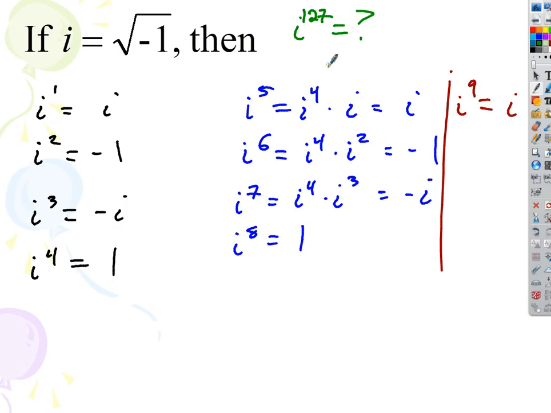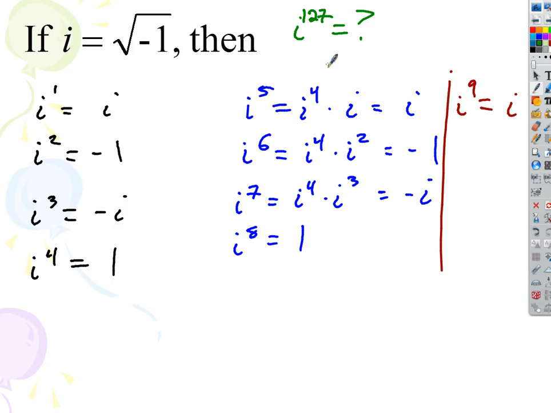So that leaves how many left over? 3, because 127 minus 124 is 3. So I'm going to go down to the bottom of a cycle with i to the 124, and then I go to the top, i to the 125, 126, 127. And the third step down in any cycle is negative i.